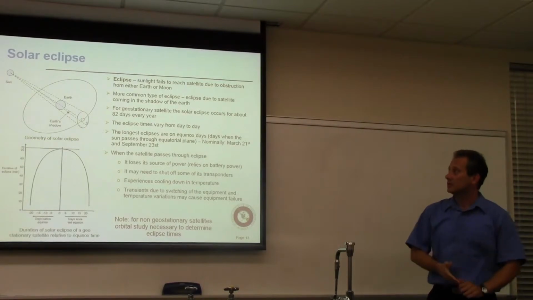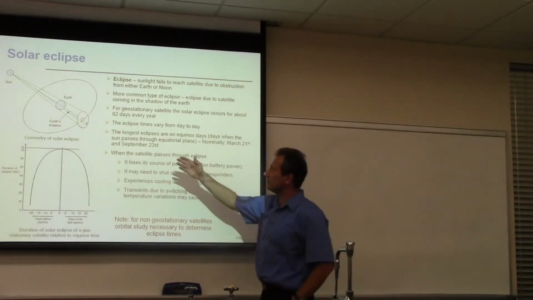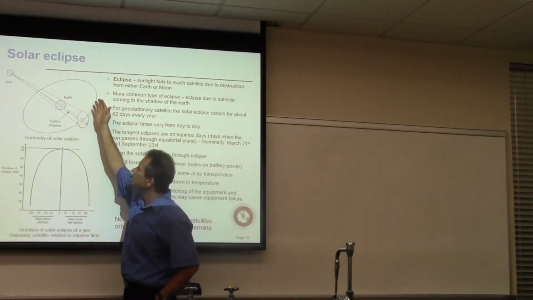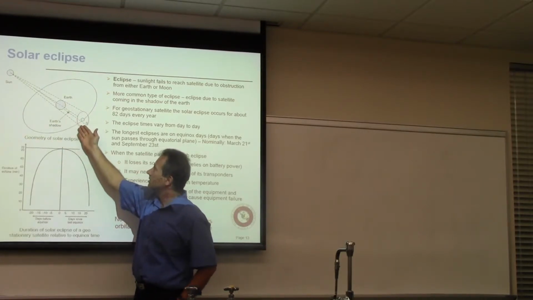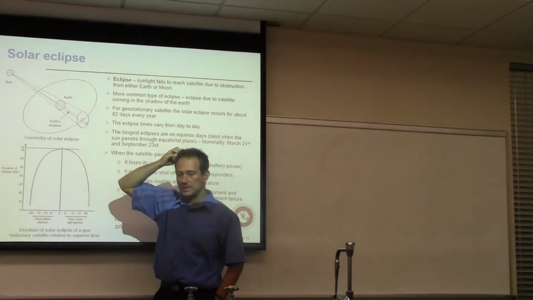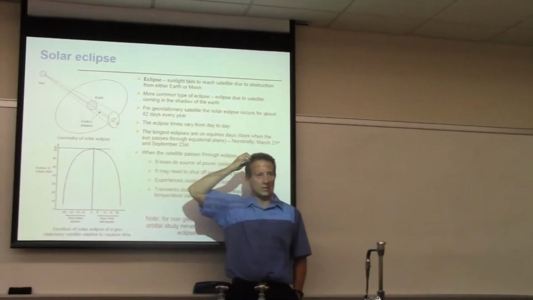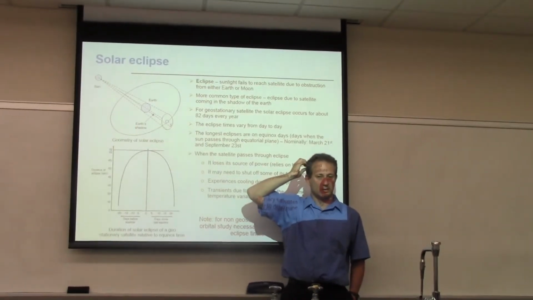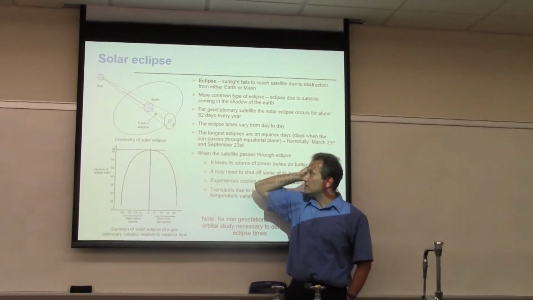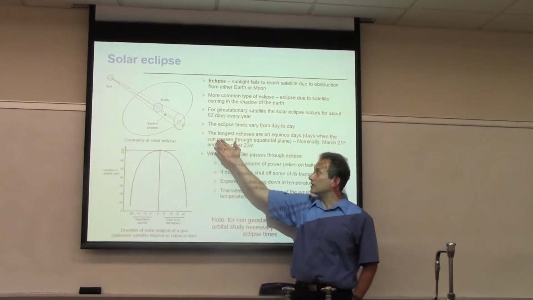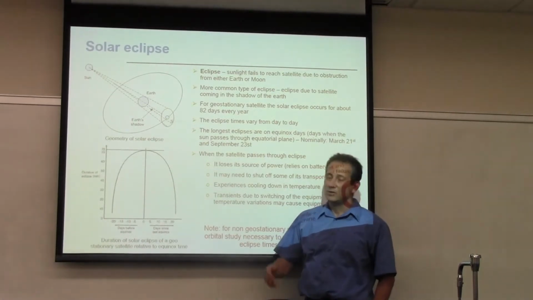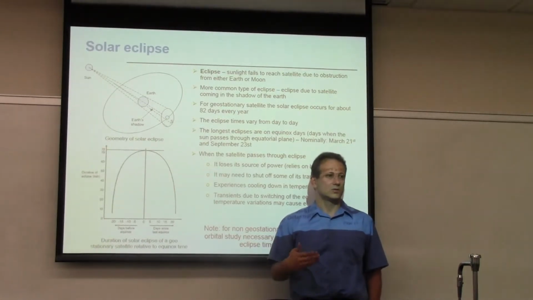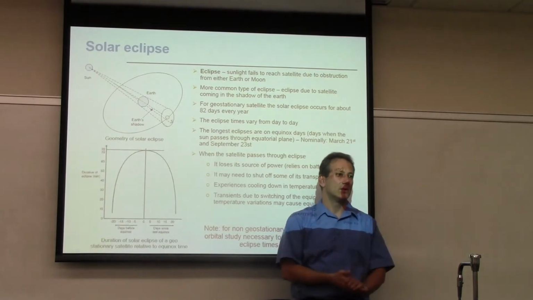Now, as you can see from this drawing, if you have a satellite that's moving around the Earth, it is conceivable that at some point in time the Earth is going to be in between the satellite and the sun. And what that means is that the satellite now gets away from its only source of power, and in those instances it has to rely on whatever power it has.